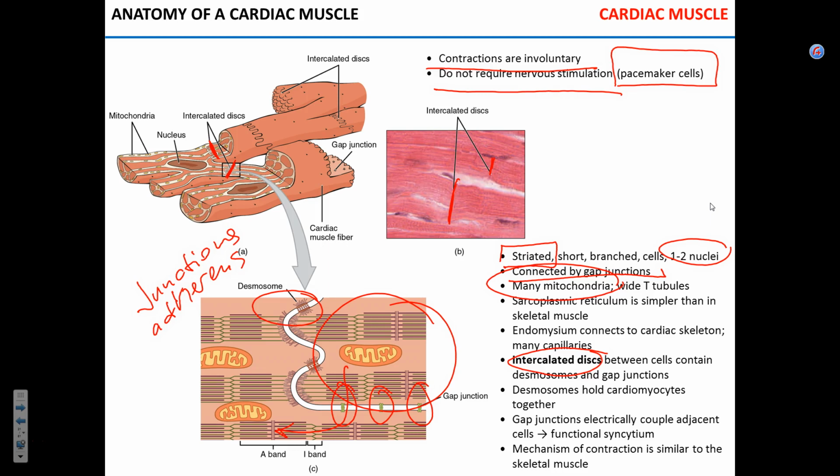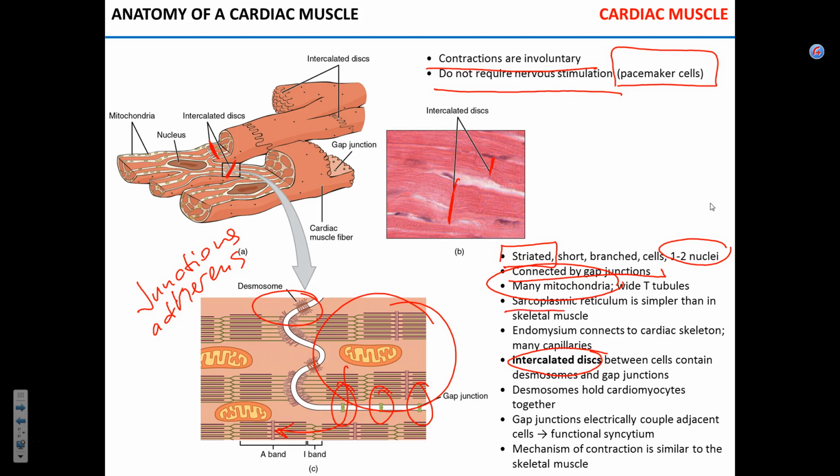Because the muscle doesn't produce extremely powerful contractions, but it has to beat each and every second of your life. So this is a perfect example of slow oxidative fibers. It's the red muscle. A lot of mitochondria. Okay?